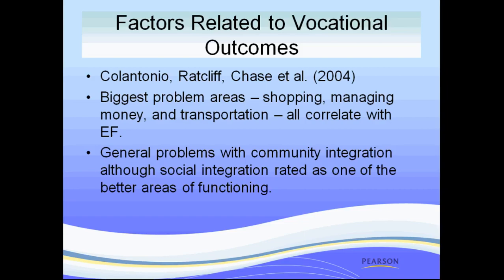And if we anticipate they're going to have problems in these areas, we have to figure out ways of managing that. There are a lot of problems with community reintegration, and of course these are with adults, although they would rate social integration as one of their better areas, that isn't often true in some of the research that we've seen.